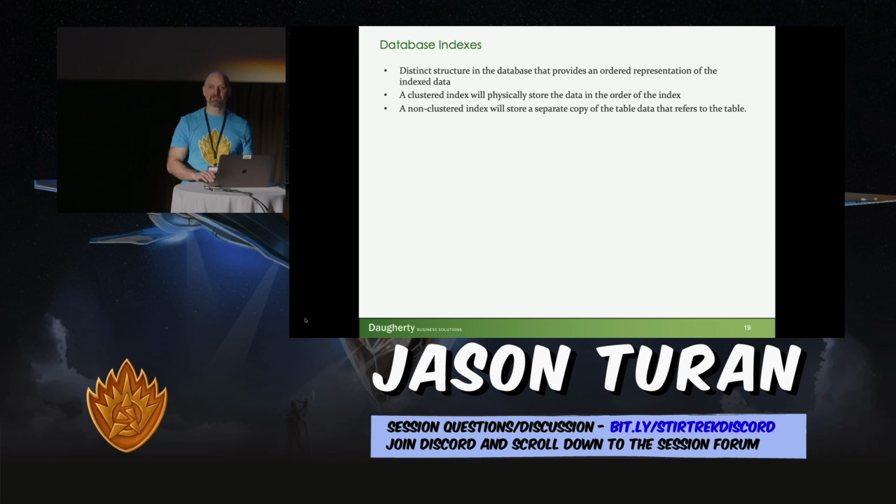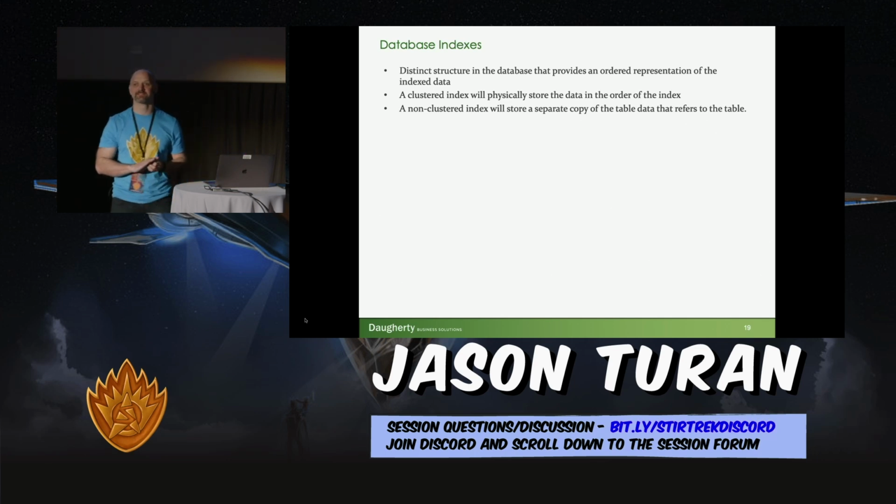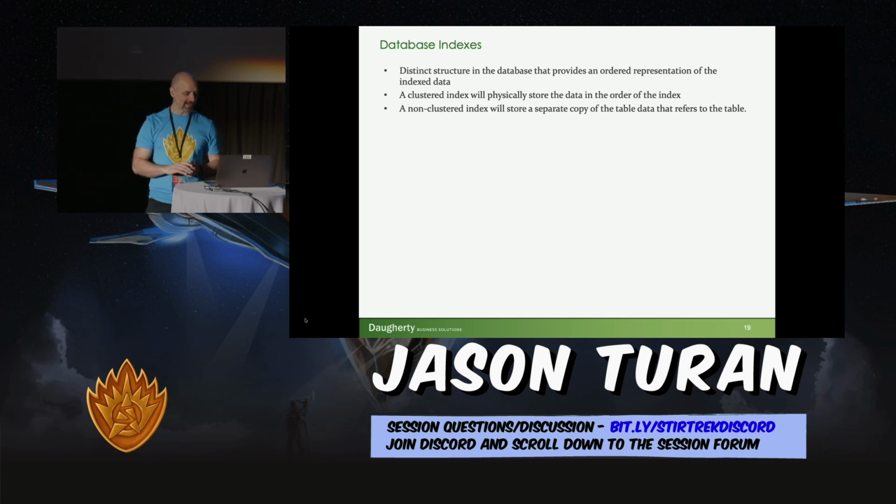Okay, so how many people here have heard about database indexes? Hopefully everybody. On a high level, they're like a phone book. What's important about them is that they're in order. That's the magic.